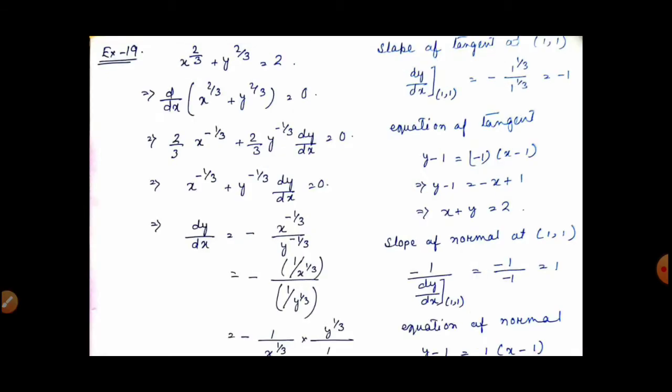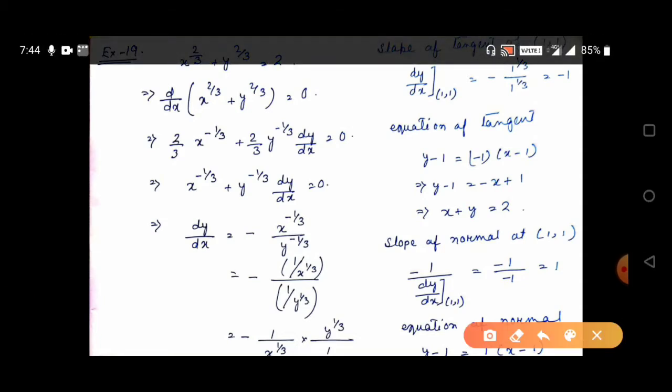Now we have to find the equation of the tangent. So for that we have to find the slope of the tangent. So dy by dx at the point (1, 1), the value will be minus 1 and the point is given as (1, 1). So we have the slope which is minus 1 and the point is (1, 1).